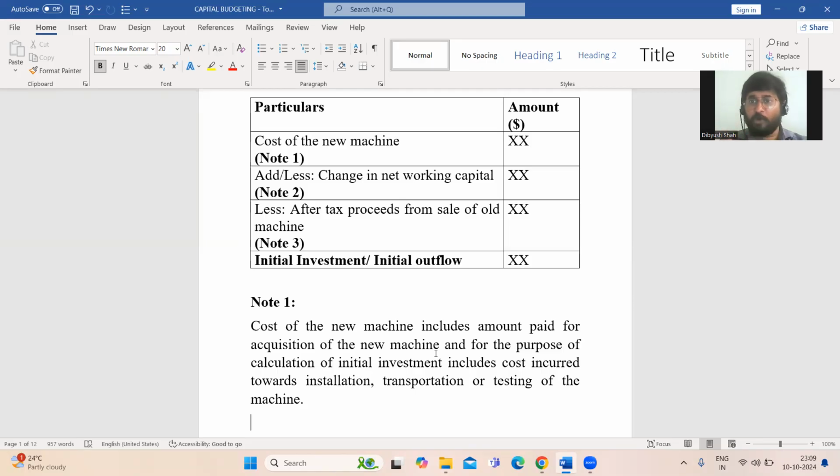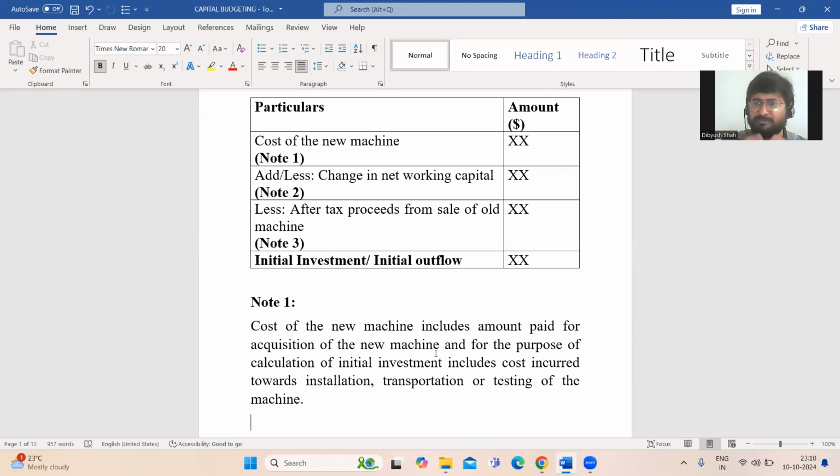And we also include any cost incurred towards installation of the new machine, transportation, freight inwards, the amount spent on bringing the machine from the supplier's place to my factory, or testing of the machine. So essentially, when we talk about cost of the new machine, that is just a one-line thing, but it includes four essential items.